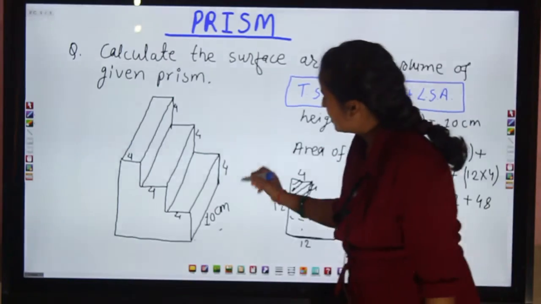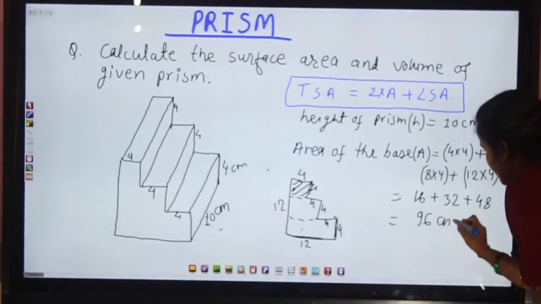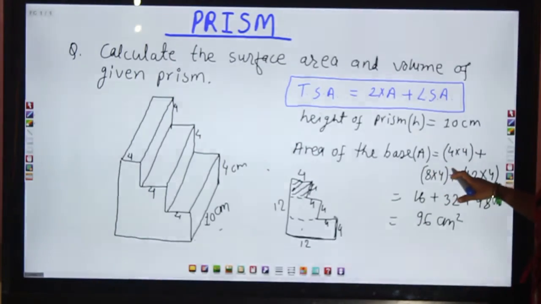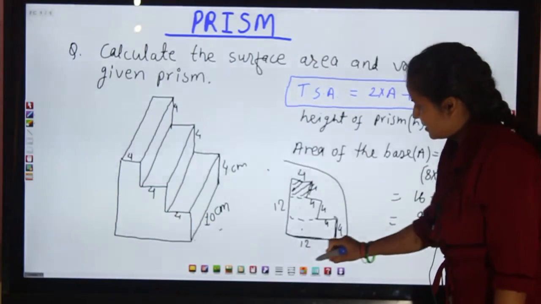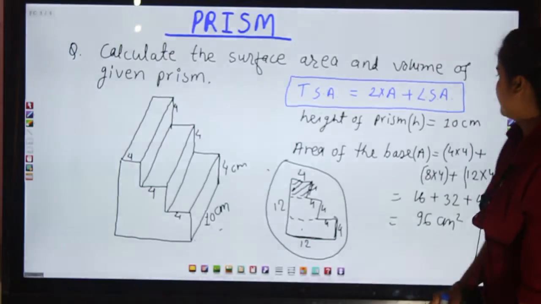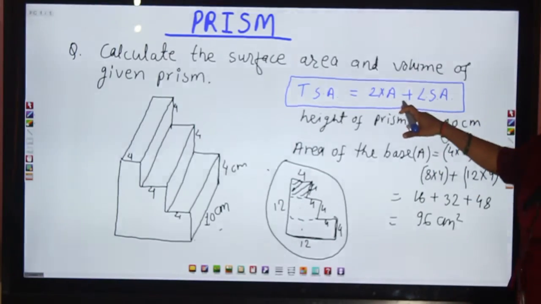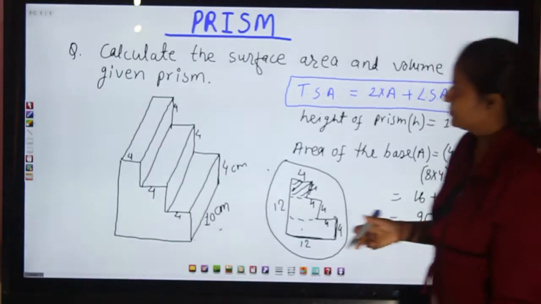The unit is given in centimeter, so it will be centimeter square. It is the area of the base. Okay, this one is a rough figure. We can remove it. Area of the base. Okay, we came here. Now we are going to find out the lateral surface area of the prism.